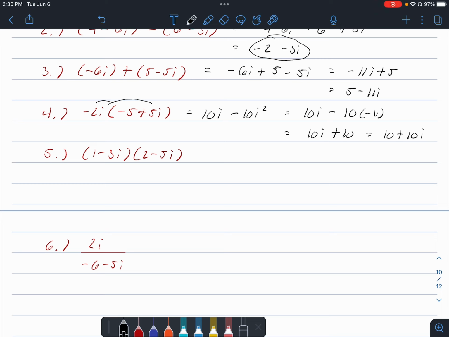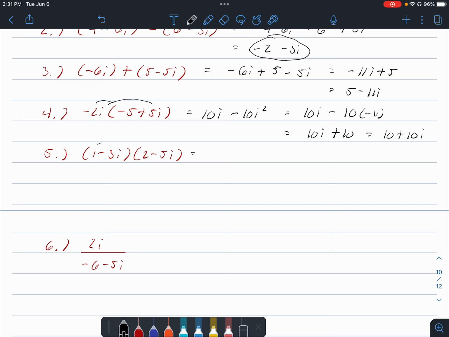Okay, and in our next example, example 5 here, we have 1 minus 3i, parentheses, times 2 minus 5i, in parentheses. So we can do our usual FOIL, okay? Hopefully you all have seen that before. That's firsts, outers, inners, and then lasts, okay? So we'll do that now.